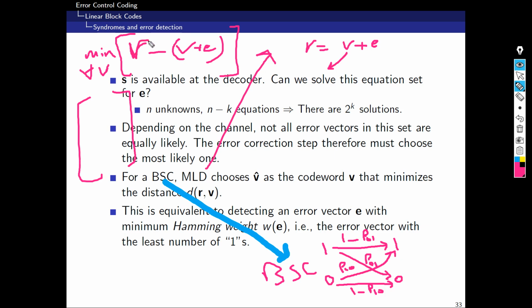You have R, you have V, E. You don't know E, you know R because you received it, and V you can obtain from a mapping table or a lookup table, because you already know all the values that can be used, but you don't know which one of these values.